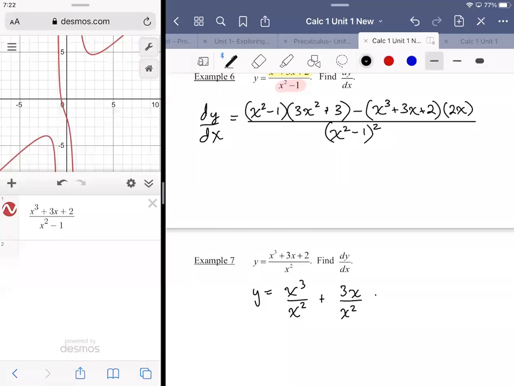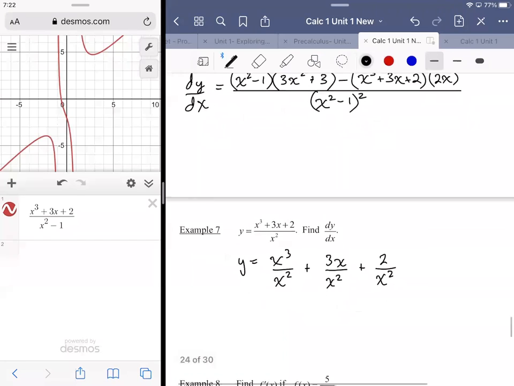If you have sums or differences in the numerator of a fraction and just a single term expression in the denominator, you can split it up. I mean, there's other circumstances where you can split up a fraction, but that's the most basic one, right?